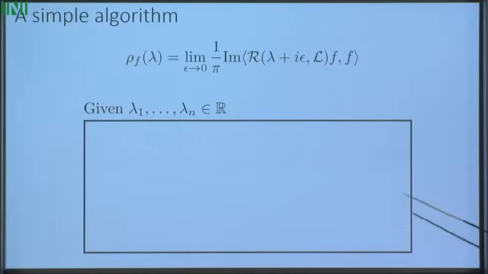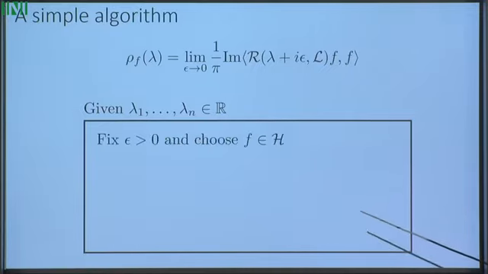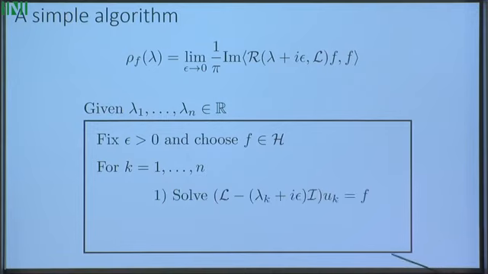Okay, so here's the algorithm. We take a few sample points along the real axis. We're going to fix epsilon, which is going to be our distance that we're going to move off the real axis. We're going to choose some suitable function. So usually this comes from the application at hand.